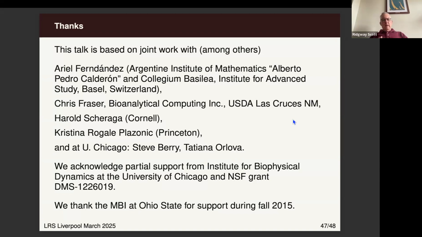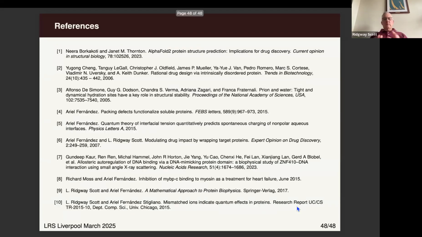And then Steve Berry and Tatiana Orlova at Chicago. And we were supported very generously by the Biophysical Dynamics Institute at the University of Chicago and NSF grants. And Ariel and I were fortunate to be able to be at the Mathematical Biosciences Institute at Ohio State during the fall of 2005. And then I'll just leave you with some references, and thank you very much for your attention.